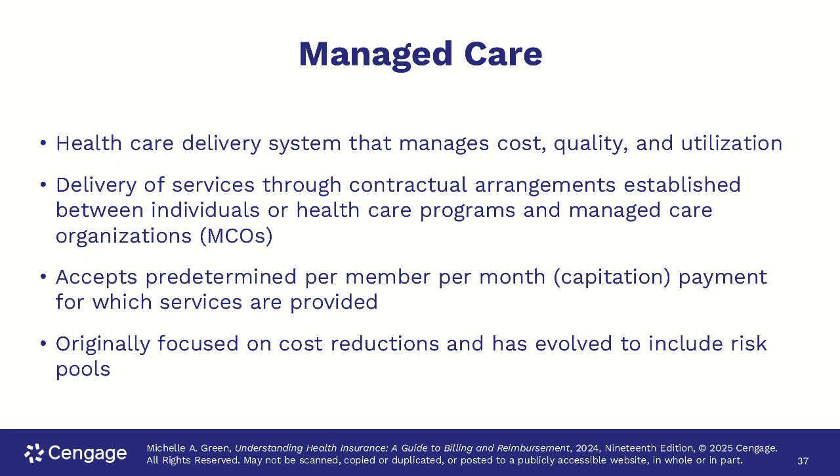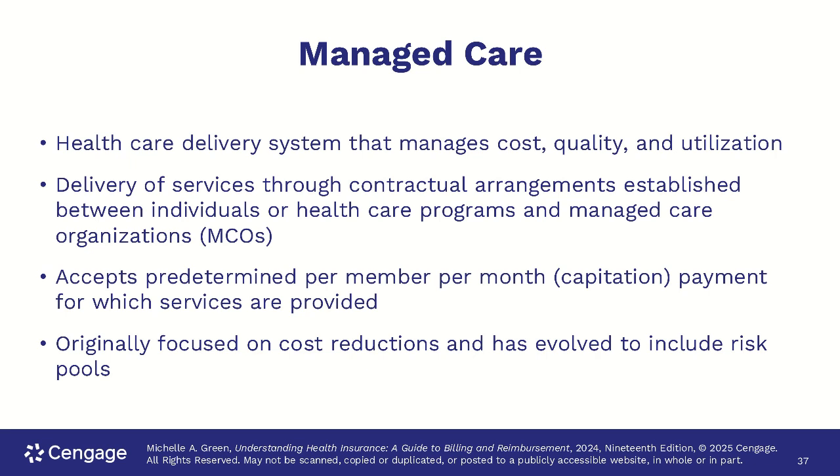All right, so managed care is about controlling costs. It's about decreasing utilization of services and providing quality care, all within a contained structure. And this is made possible through contracts that are established between individuals or healthcare programs and the MCOs.